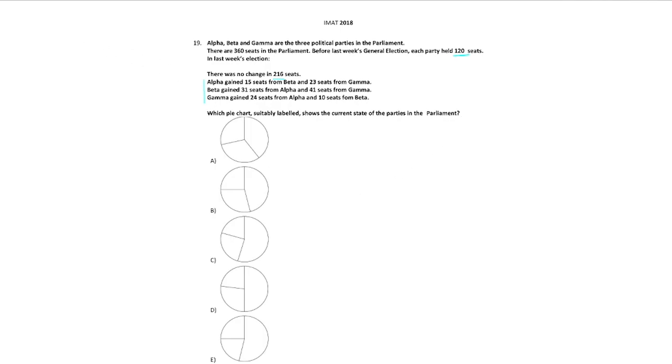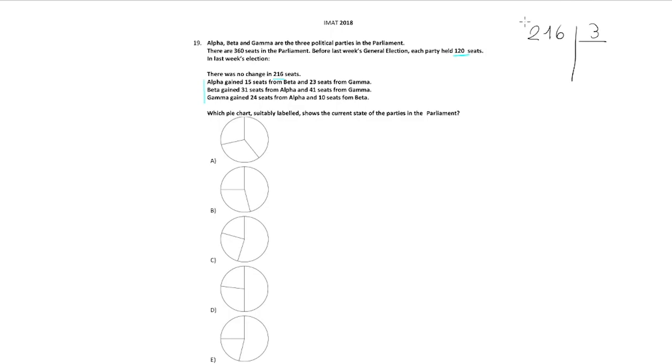So the first thing we can do is to calculate how many seats have not changed in this week's election. We have 216 seats and we have 3 political parties.